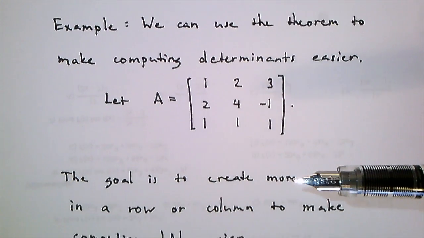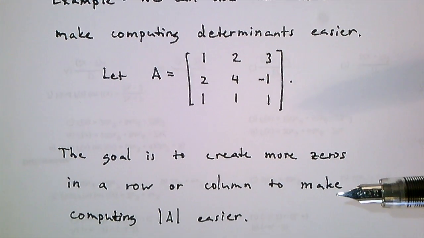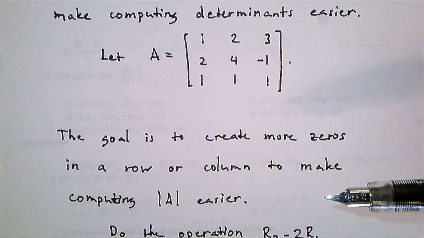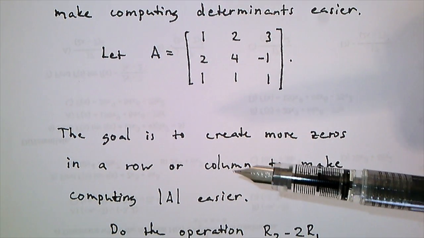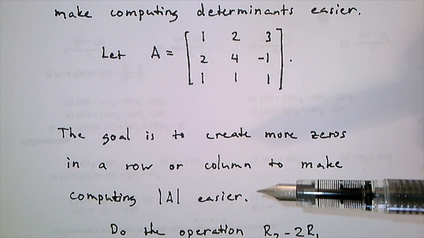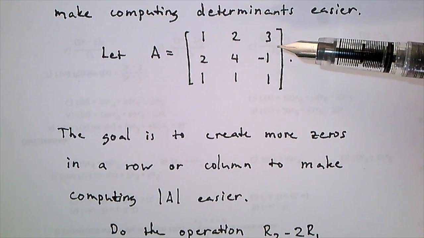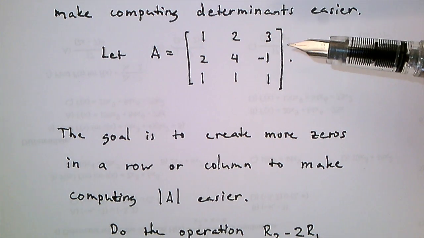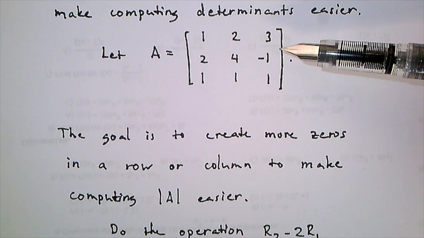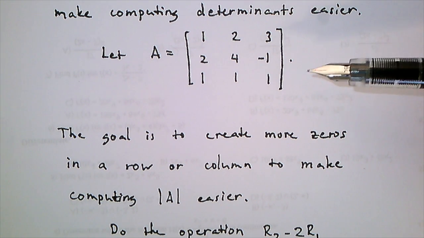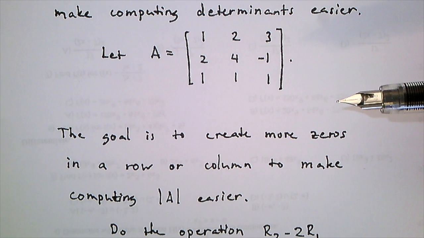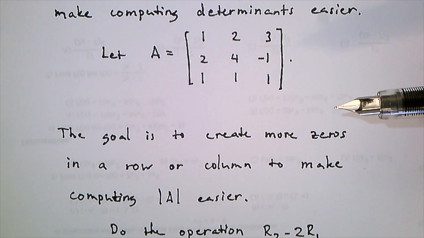My goal is to create more zeros in a row or column to make computing the determinant of A easier. Because we know that computing determinants of 3 by 3 matrices can take a lot of work. And if this was a 4 by 4 or a 5 by 5, that would be even more work.